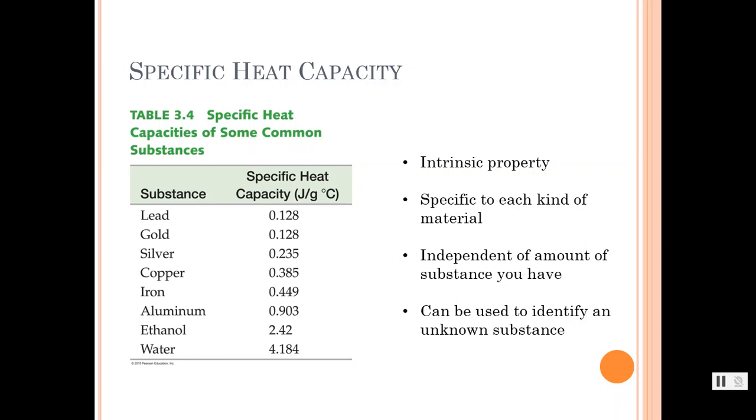And I guess the last point to make about this slide is that the greater the specific heat capacity of a substance, the more heat, the more joules, is needed to raise the temperature of that substance 1 degree. So you can see water, with the highest specific heat out of all of these that are listed, is going to take a lot more heat to raise the temperature of water 1 degree than it will ethanol or anything else.